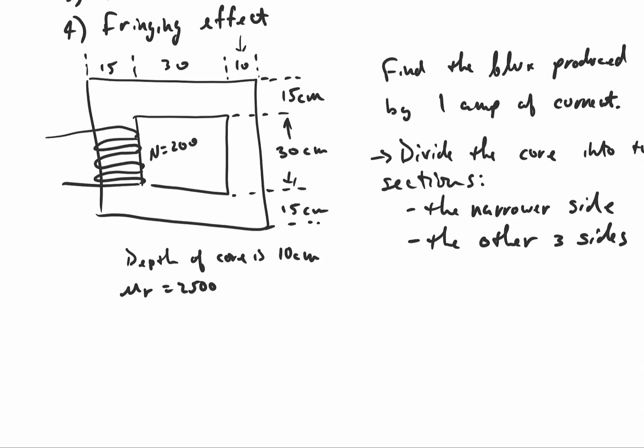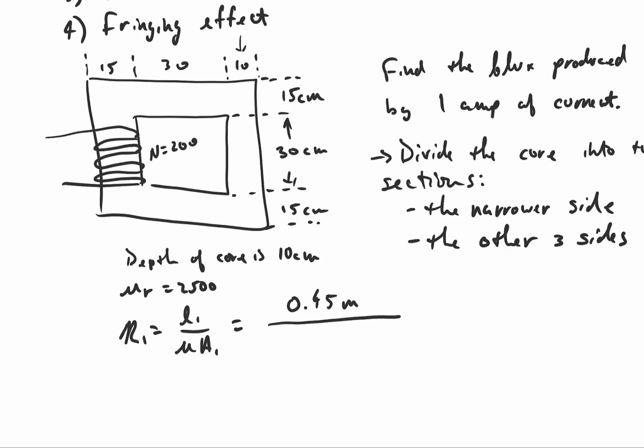So we'll call the first one R1, and this will be equal to L1 over mu A1. And that is equal to, we need to convert everything to meters here, so it's 0.45 meters, divided by mu.